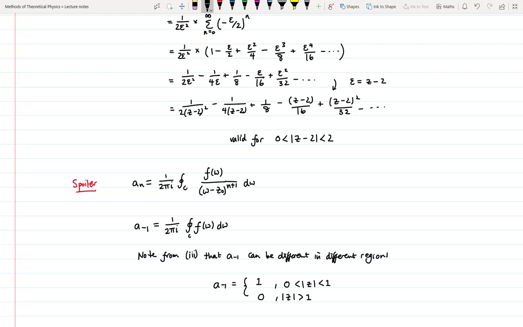To end this topic, I'll write that we'll see the importance of this quantity, which is called the residue, in the next topics.